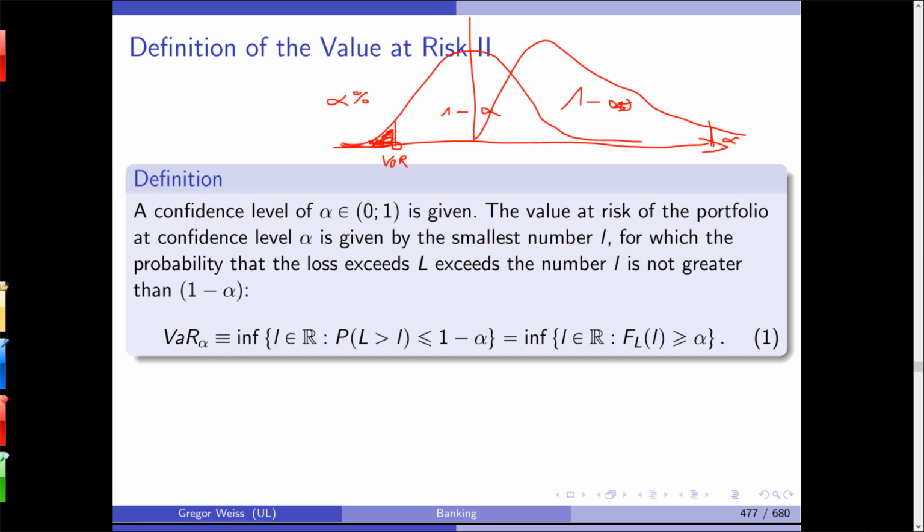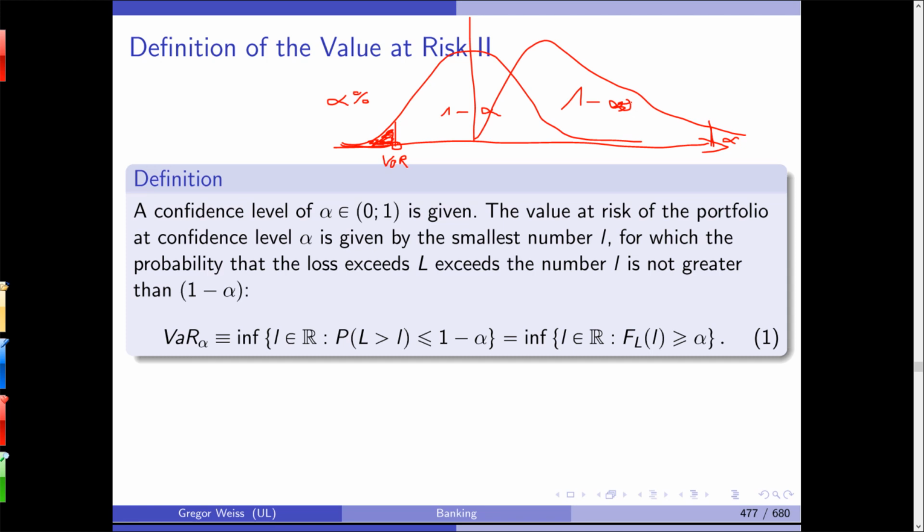You will always, by definition, have a loss that is even more detrimental and even more disastrous than the VaR in alpha percent of cases. So, for example, if you look at trading days and you take the 1% VaR, that means every 100 days you get a loss that is higher than the VaR.